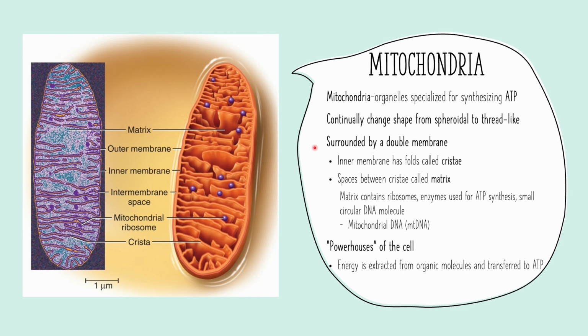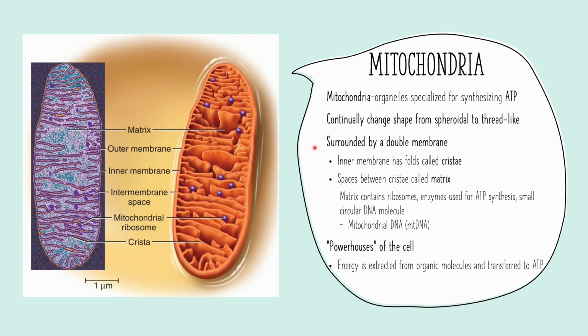So you have mitochondria. Mitochondria are organelles that specialize in the synthesis of ATP. ATP is adenosine triphosphate. ATP is an energy-carrying molecule found in the cells of all living things.